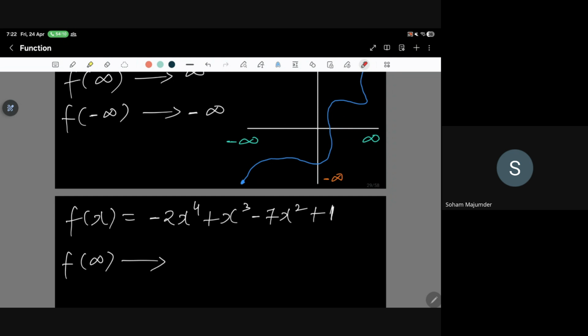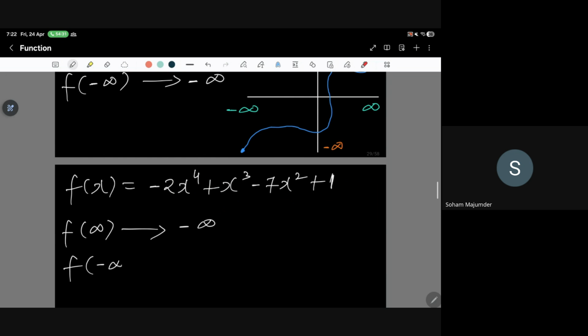It will go towards minus infinity, because x to the power 4 is the largest among all these. So infinity to the power 4 will be the largest, no matter what values the other terms give. And it has a negative sign, so it will go towards minus infinity.